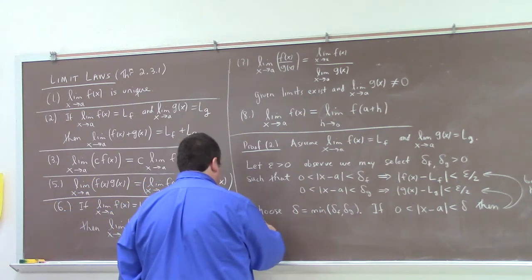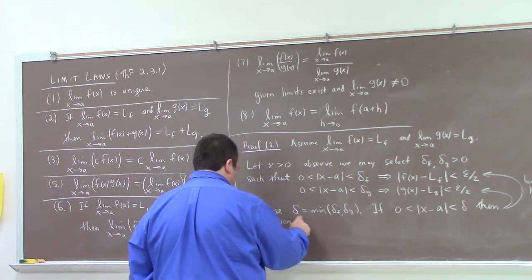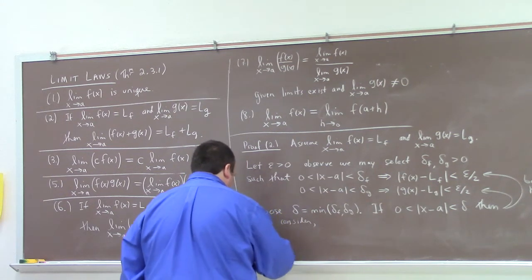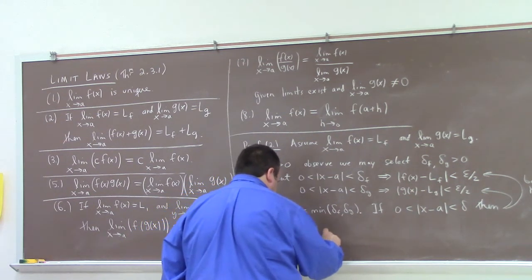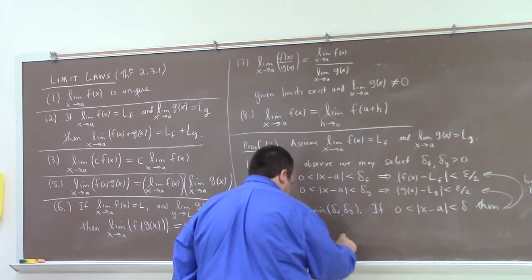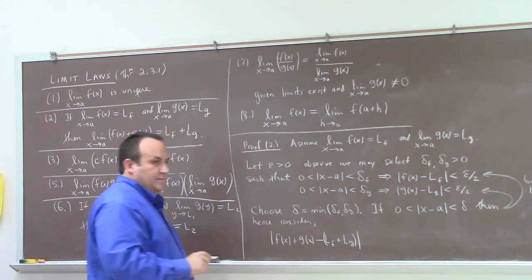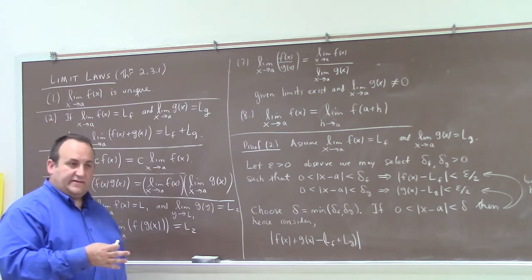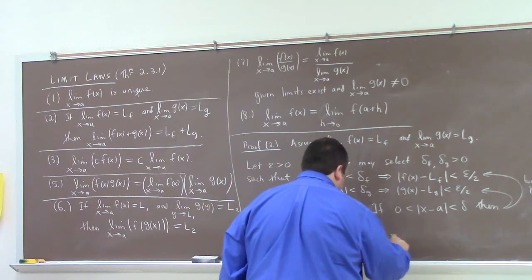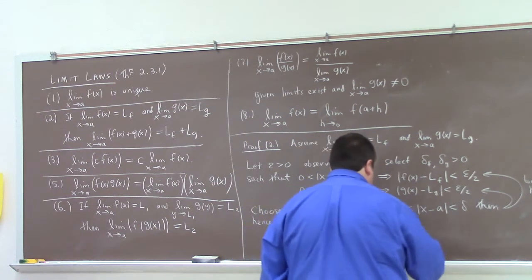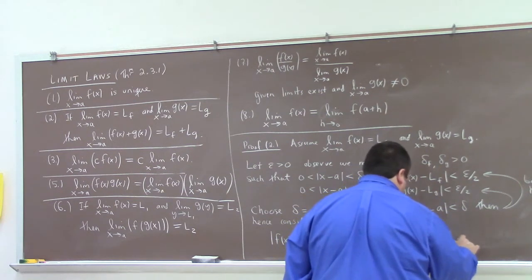Hence, for such x, consider the absolute value of f of x plus g of x minus the quantity L sub f plus L sub g, parentheses here. Let me just rearrange that a bit. That's equal to the absolute value of f of x minus L sub f plus g of x minus L sub g.